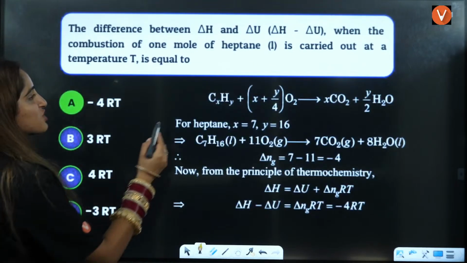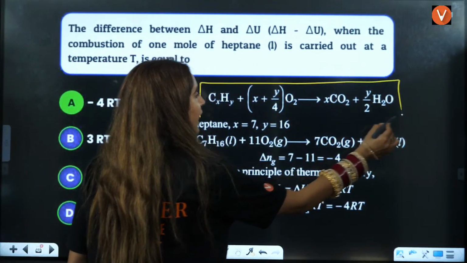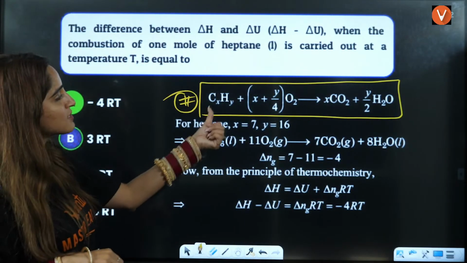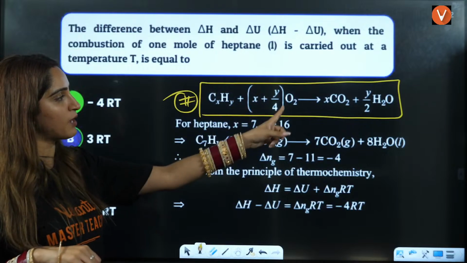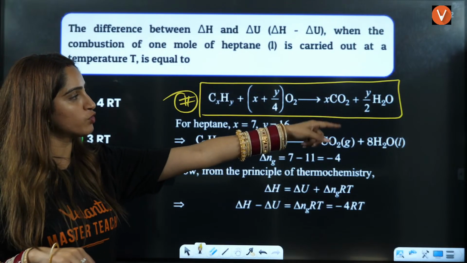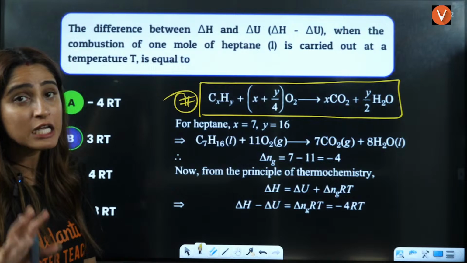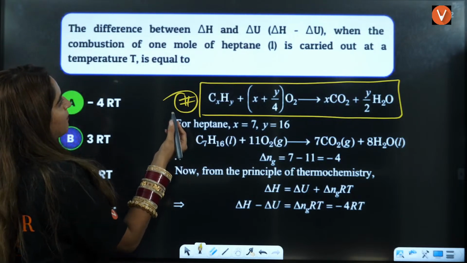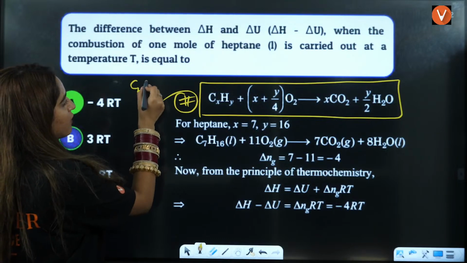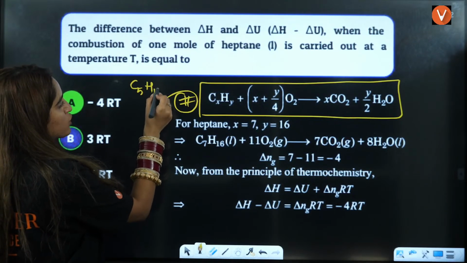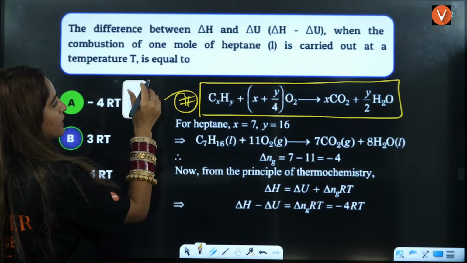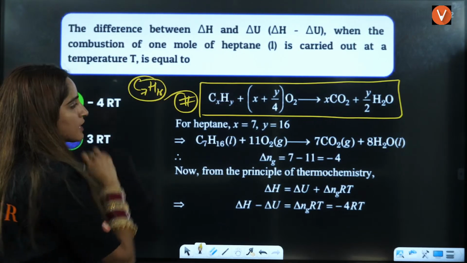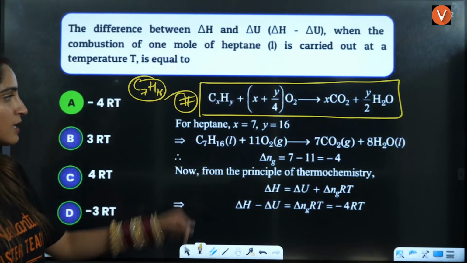Basically, you should know this general combustion reaction from organic chemistry, that is hydrocarbons: CxHy plus (x plus y by 4) O2 gives x CO2 plus y by 2 H2O. So if this is heptane, that means this is C7H16. Heptane, right, it is 7, C7H16, it is the answer.